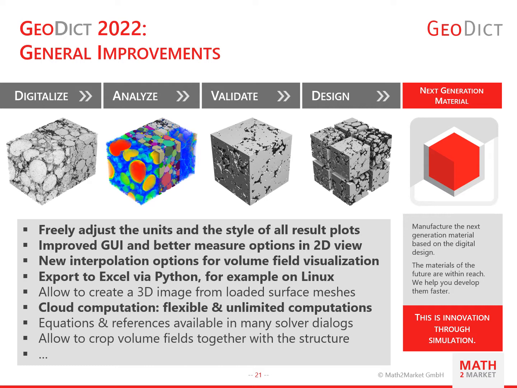The export to Excel via Python is possible, for example, on Linux computers. One can create 3D images from surface meshes loaded in Geodict. We have improved cloud computation options for flexible and unlimited computation. Equations and references are available in many solver dialogues. It is possible now to crop volume fields together with a loaded structure.